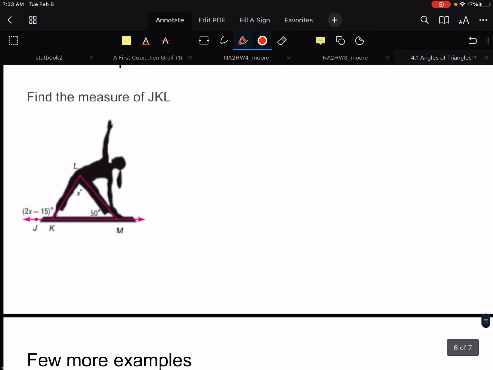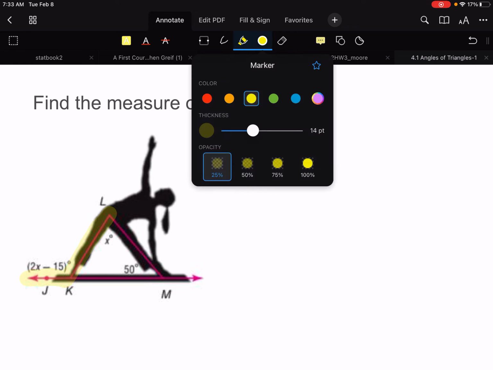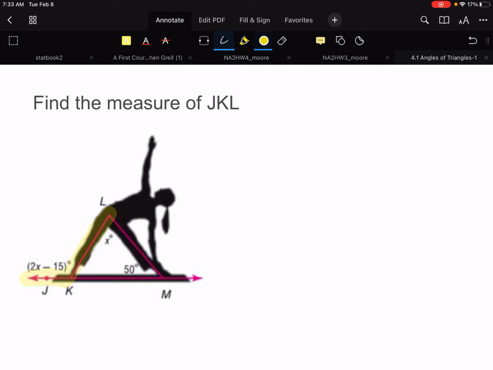Next example here, we want to find the measure of JKL. So this is asking us to find this measure right here. So we have an exterior angle that we're given.